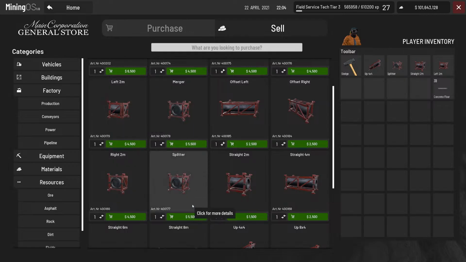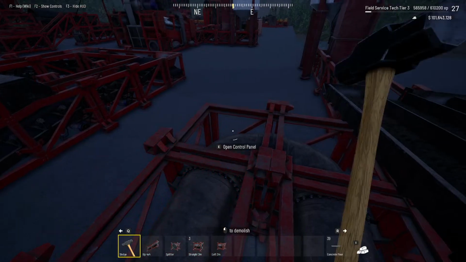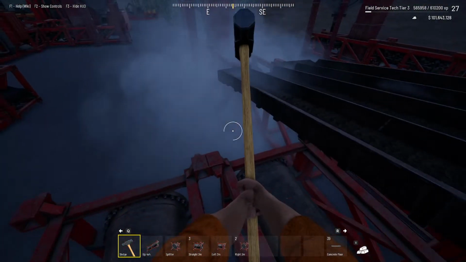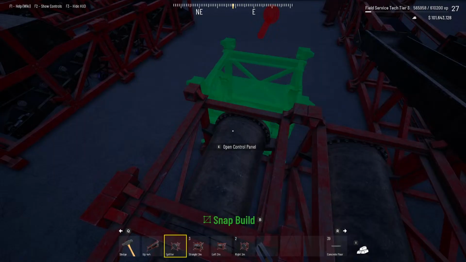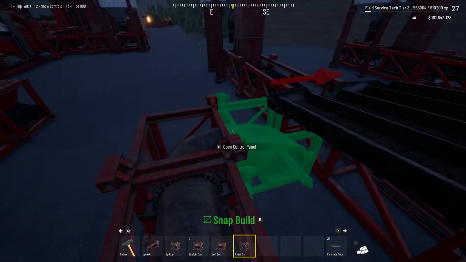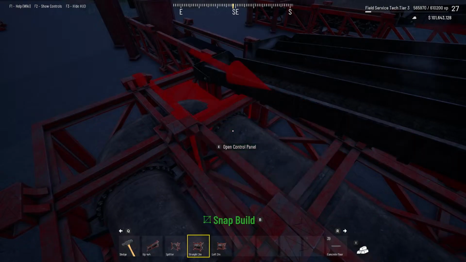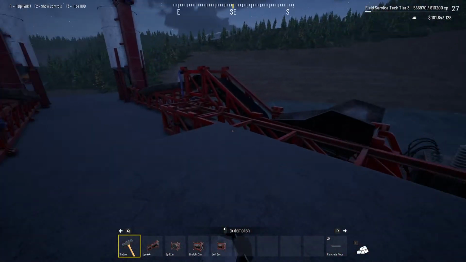Pipelines, splitter straight, 1, 2. And six. So that's now going to need to be 20 when I'm done.